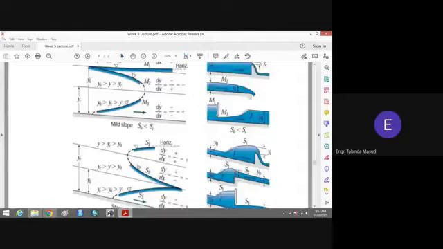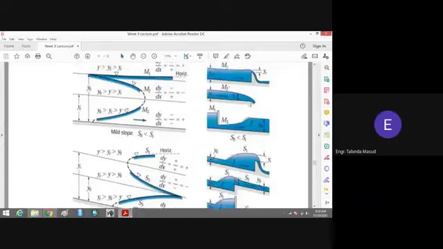Then under the sluice gate, the depth of the flow will again be increasing. You will get the M3 curve, and after the hydraulic jump, the flow will become normal. So you have an example of M1 and M3 in the case of the sluice gate, and here we have an example of M2, and here an example of M1.